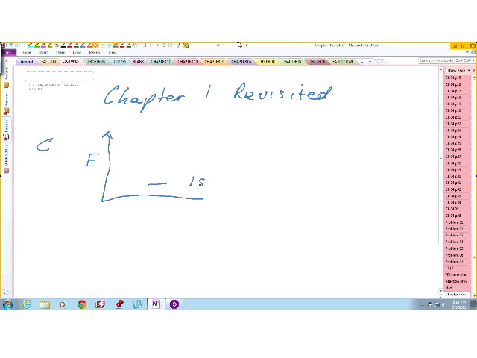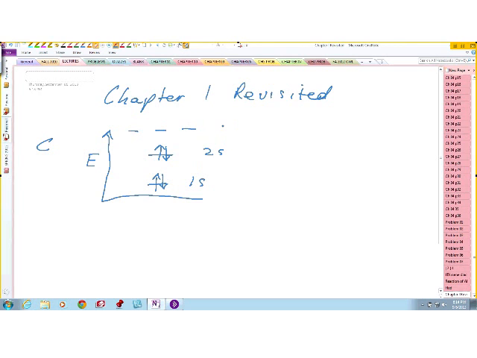So we have the 1s orbital with 2 electrons, and then you have the 2s orbital also with 2 electrons. Then you have the 2p orbitals.